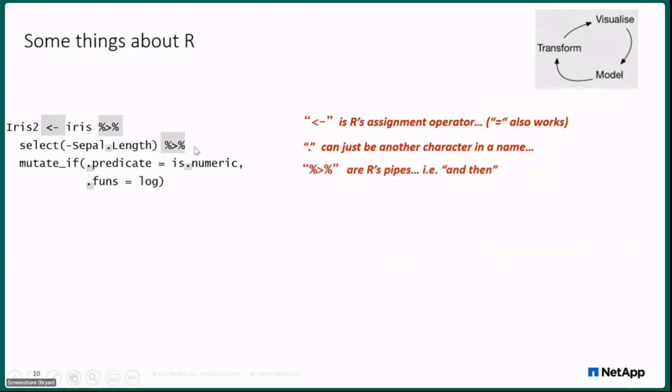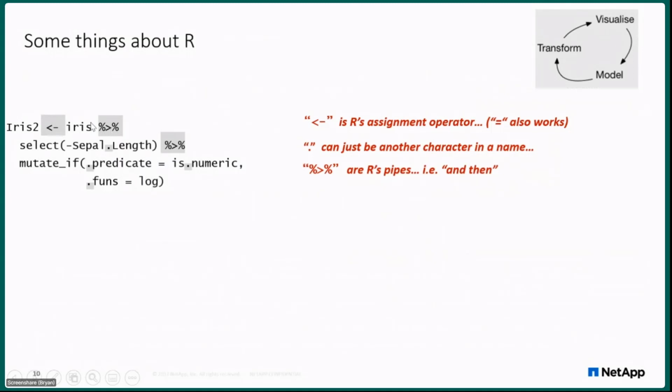Also, these percent, greater-than, percent signs represent R's pipes, and these can be interpreted as "and then" statements: then do this next operation. So in this case, we're saying, here's this iris data set, and then let's drop this column Sepal.Length, and then let's mutate all the columns that are numeric and do a log transform on them.